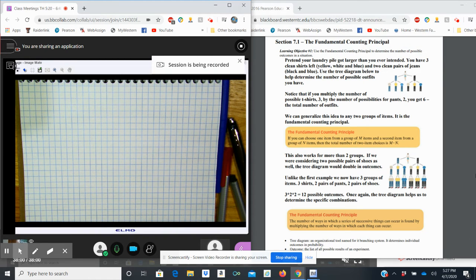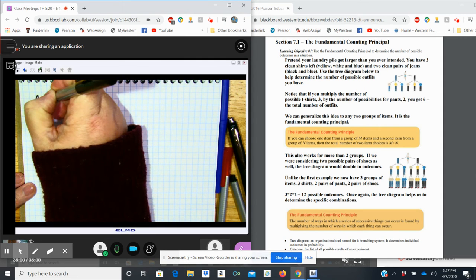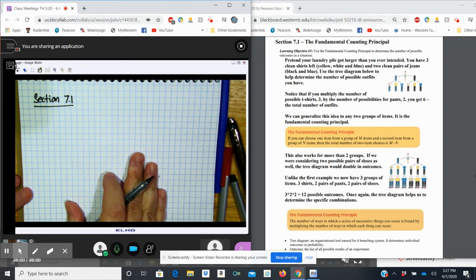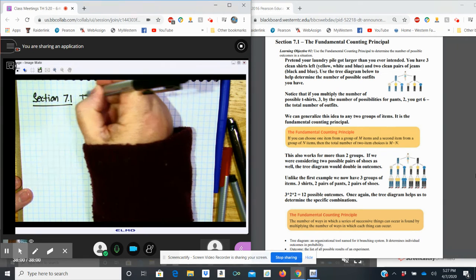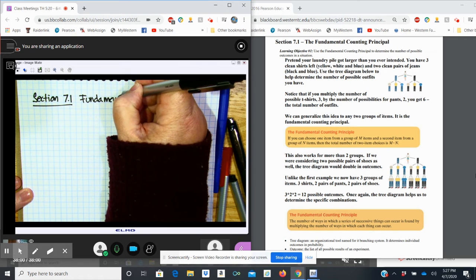Okay, so we're going to begin with section 7.1 in your text. This is known as the fundamental counting principle.